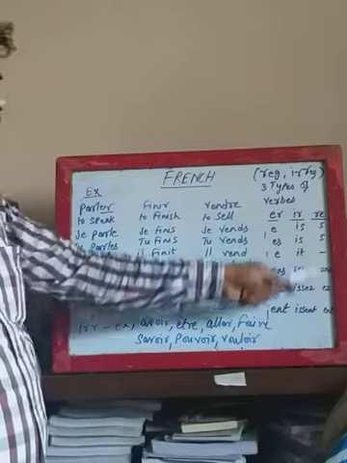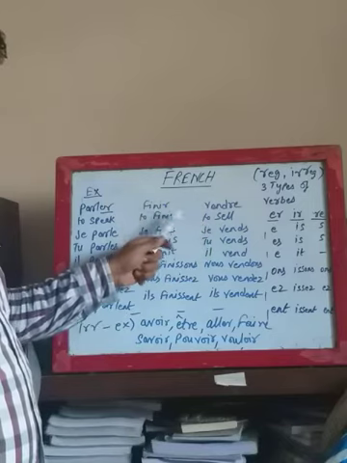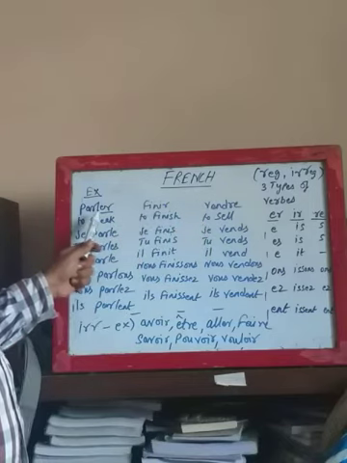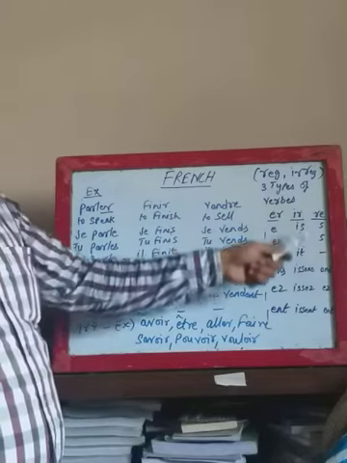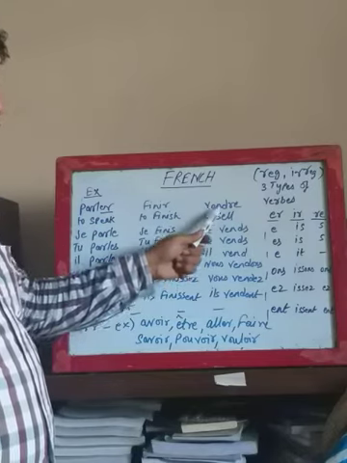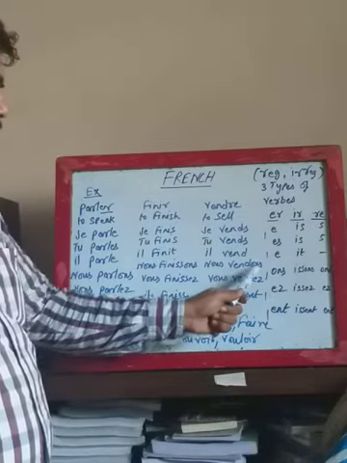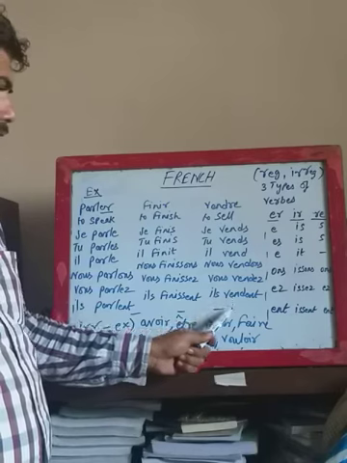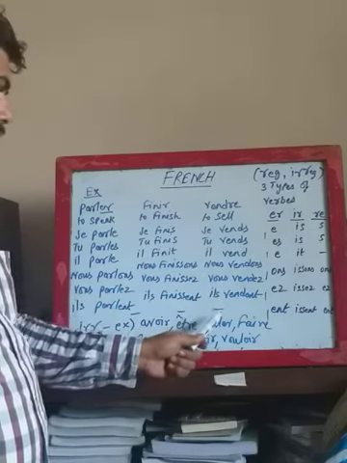With these stems, you add these endings: vends, vends, vend, third person nothing, vendons, vendez, vendent. I sell, you sell, he or she sells, we sell, you sell, they sell.